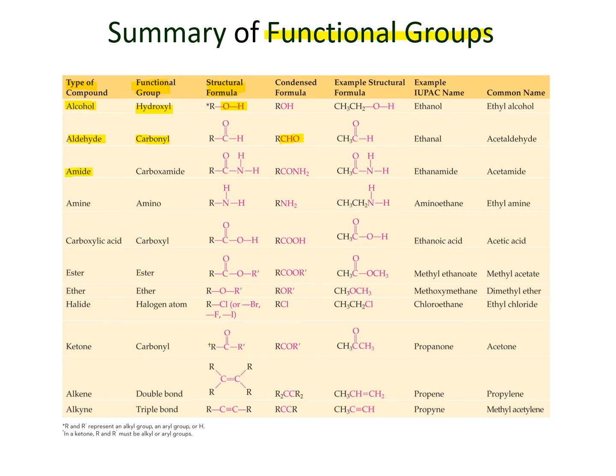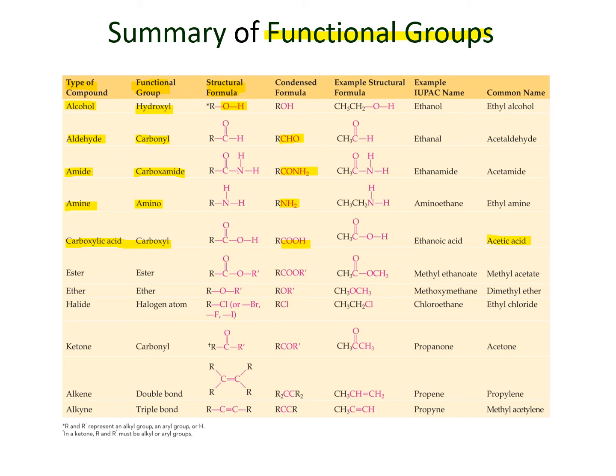In the amide compounds, the functional group is carboxyamide, and the formula is CONH2. Amines contain the functional group amino group, which is very important, NH2. Carboxylic acids usually have the carboxylic group, COOH, like acetic acid, the very common example for this one.